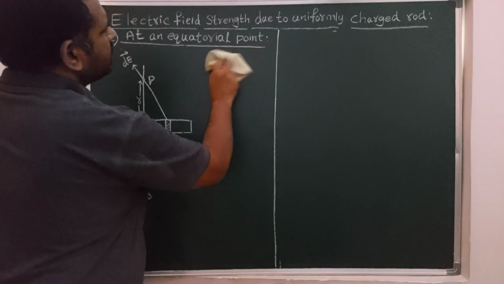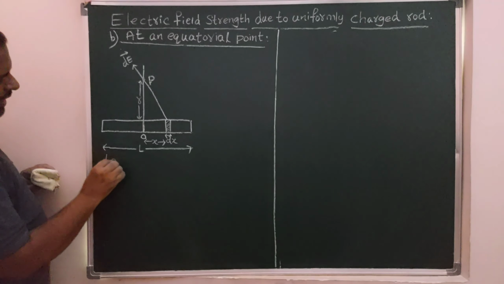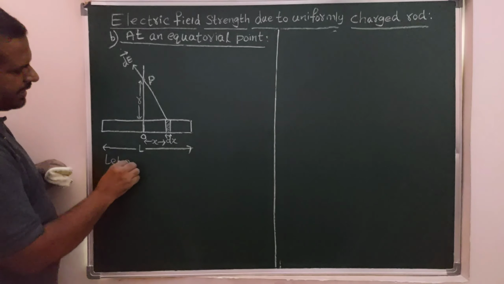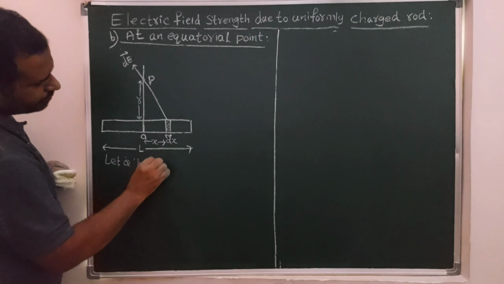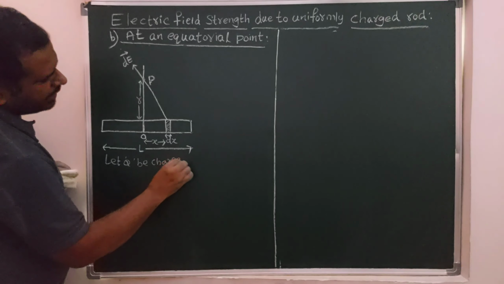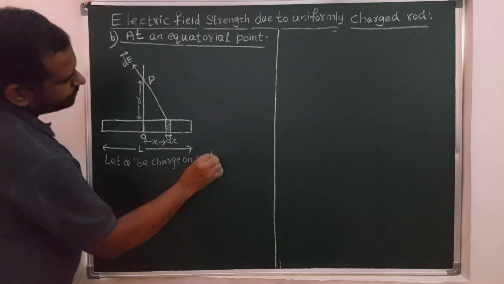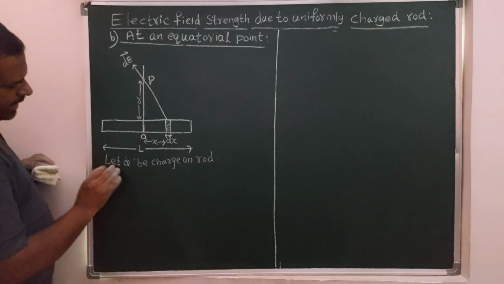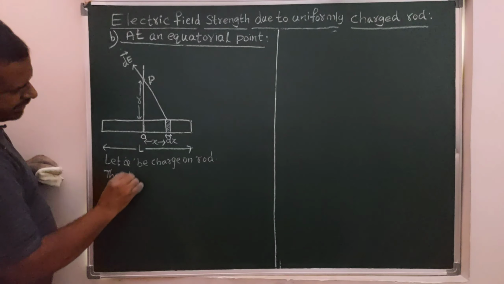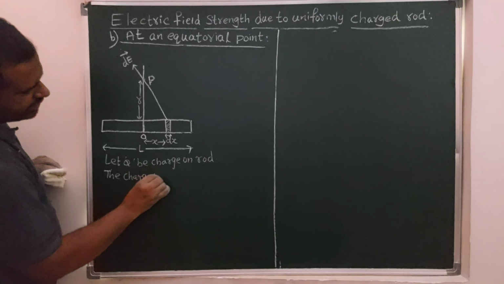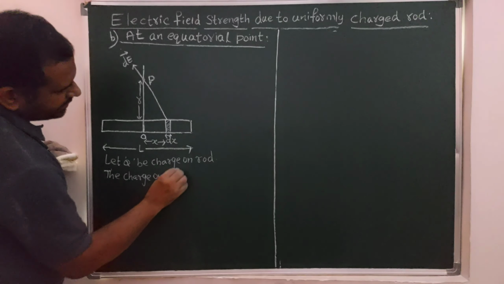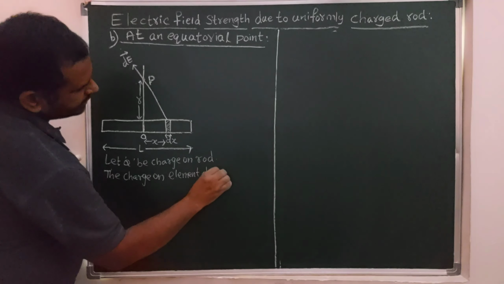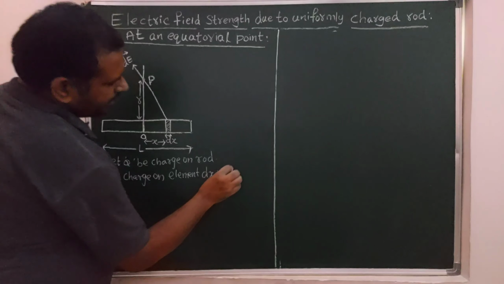Now we need how much charge will be there on dx, by using charge density. Let Q be the charge on the rod. Then the charge on the element dx is dq.